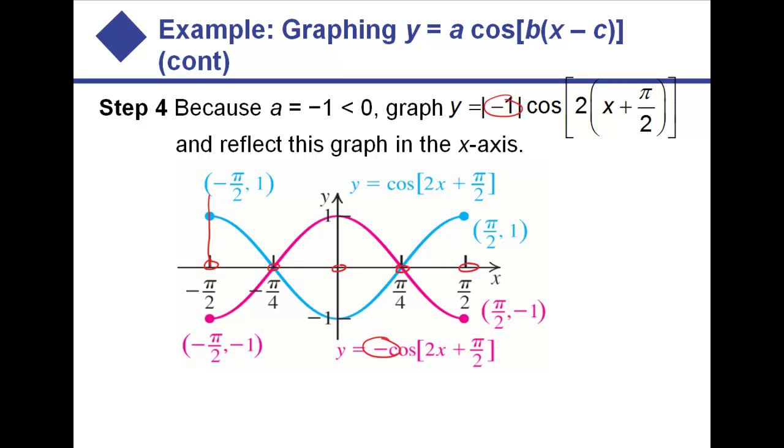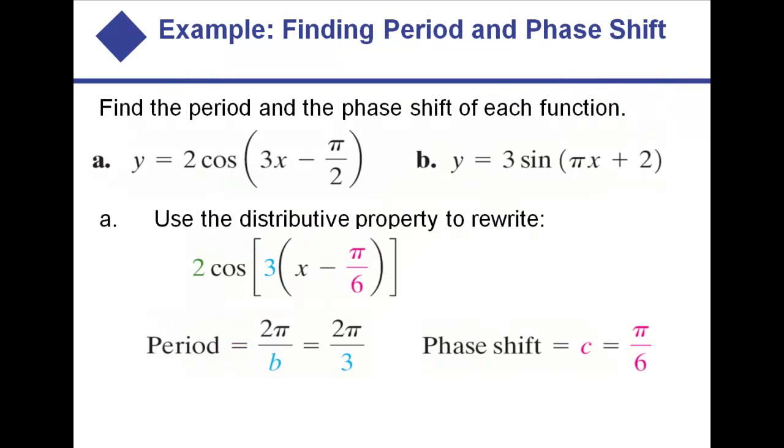How about if we're just given a function and asked to figure out what the period and phase shift are? Well, this doesn't help us written how it is because we need something written as a times x minus c. So all you have to do is factor that 3 out, right?